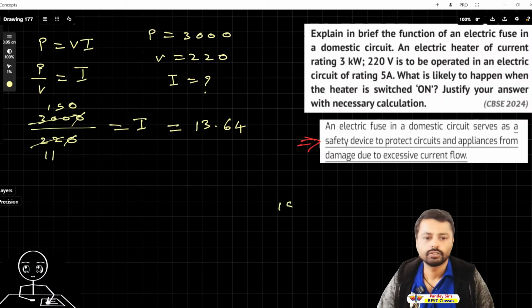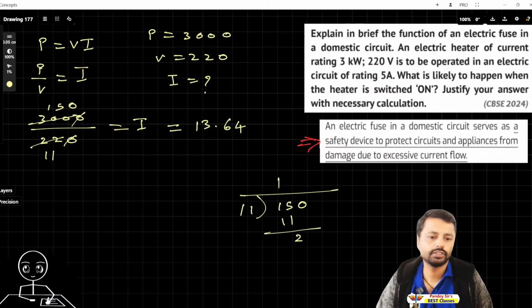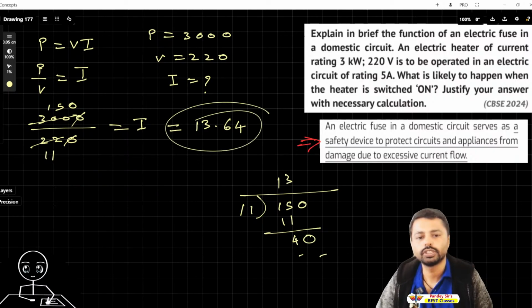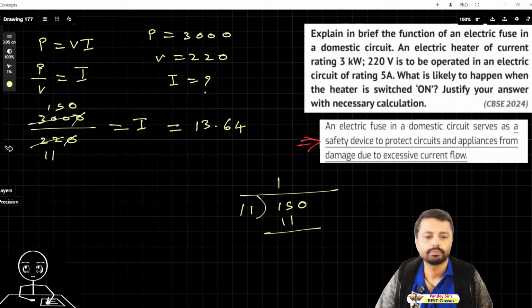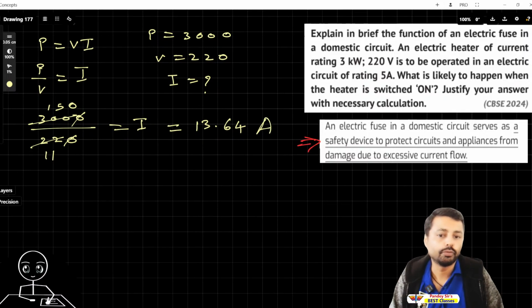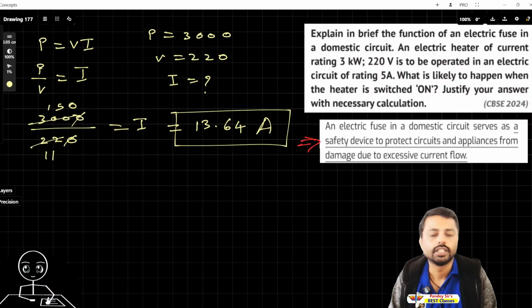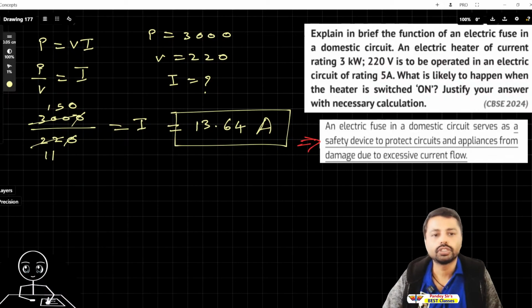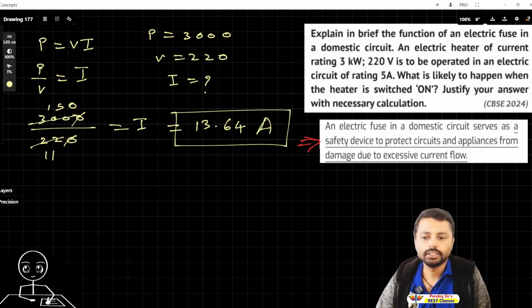So 150 by 11, 11 1s are 11, we get how much? 4, 0, 11 3s are 33, 30. Yeah, true, correct. Ampere. Now, is it more power or less, more current or less current? This is higher current.